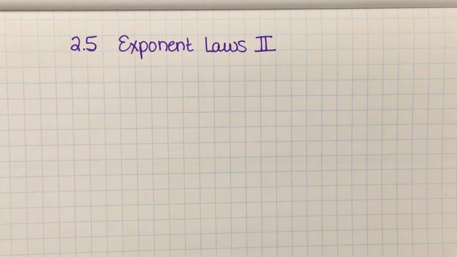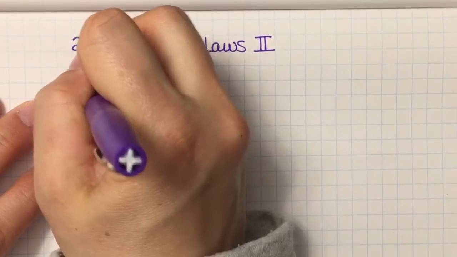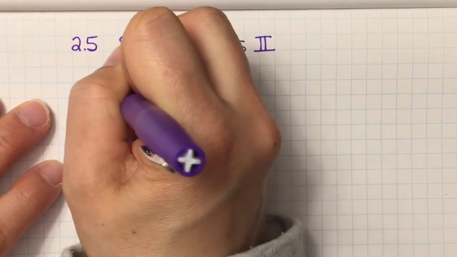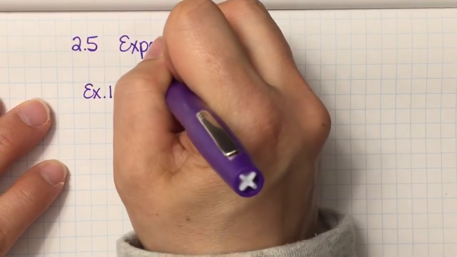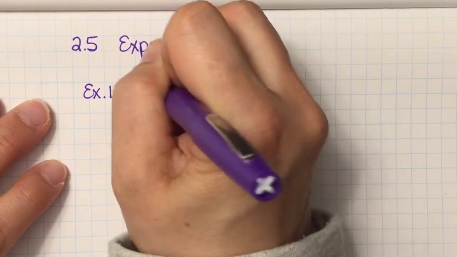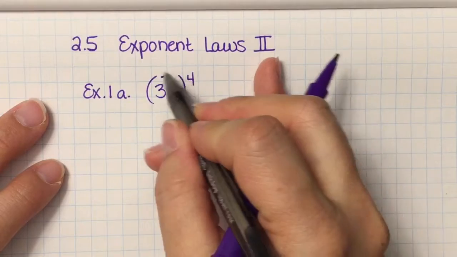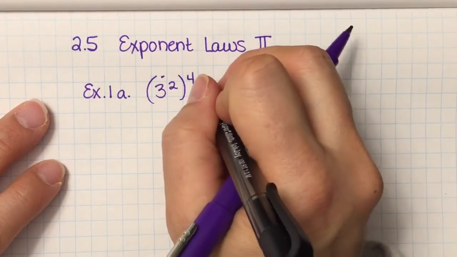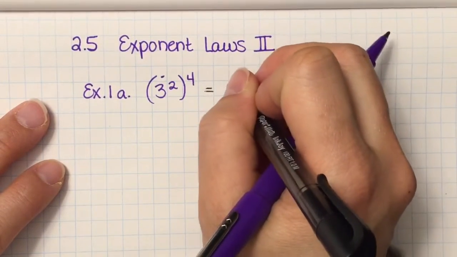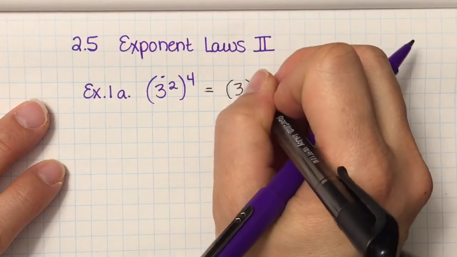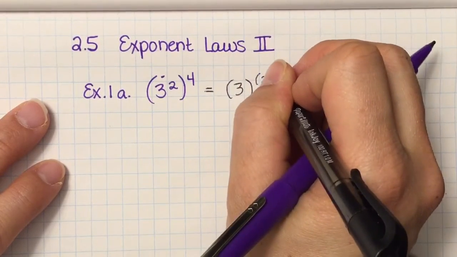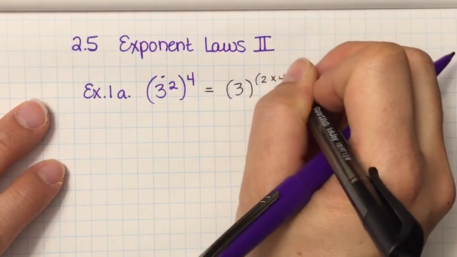Take a look at the example. Example number 1a says 3 squared to the 4th. Okay, so we're taking a power and raising it to a power. So that's the same thing as saying 3 to the 2 times 4.